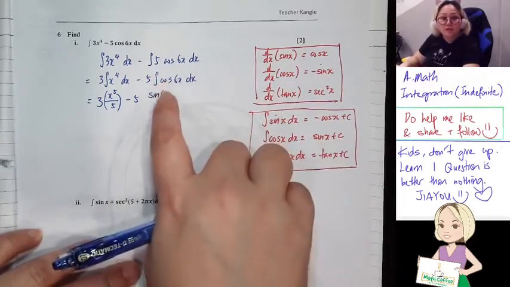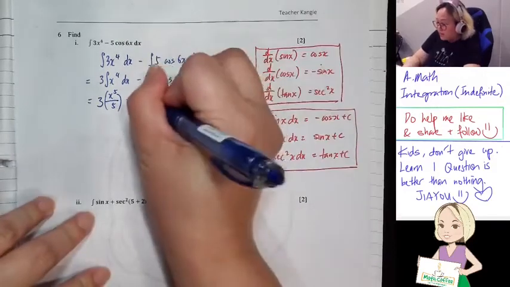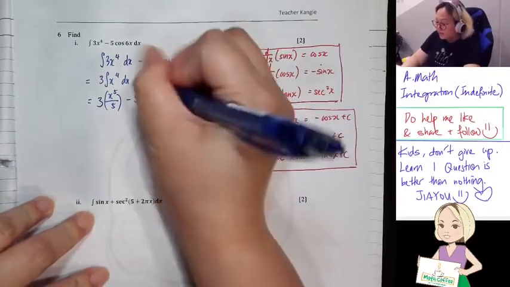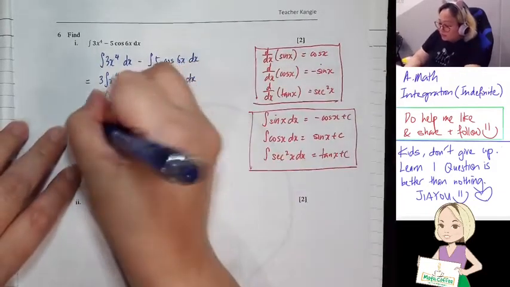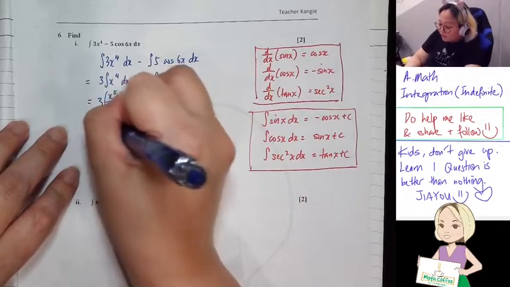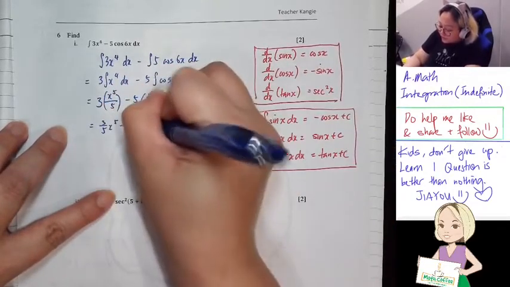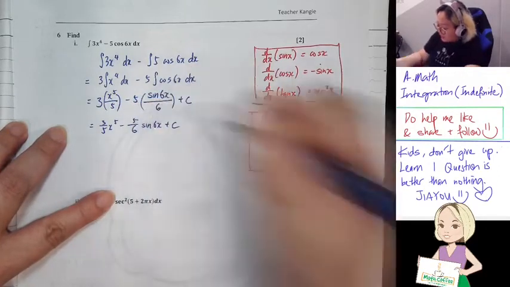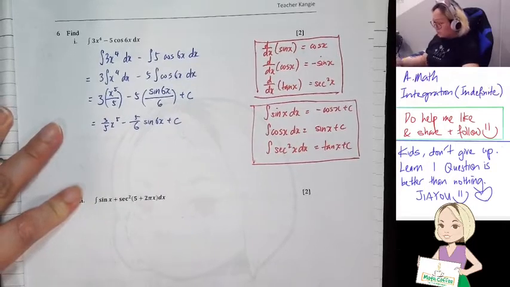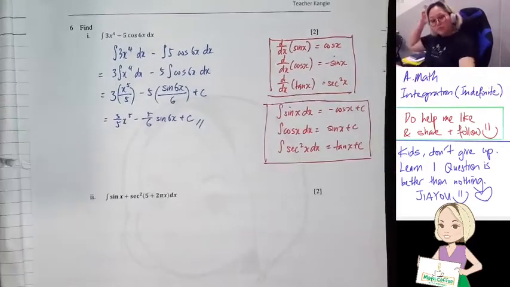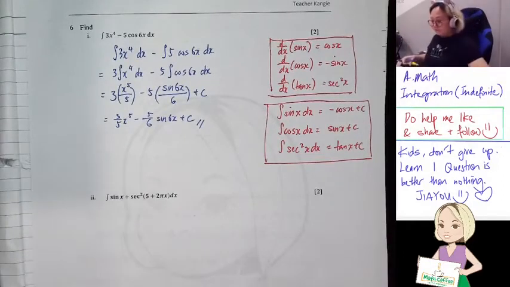So I need to differentiate the theta, which is 6x, which will give me 6. So put it as a denominator, which is over 6, plus c. And that will give us 3/5 x^5 minus 5 over 6 sine 6x plus c. Okay, done. So this is how you integrate trigo related.